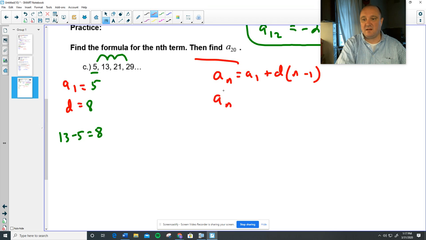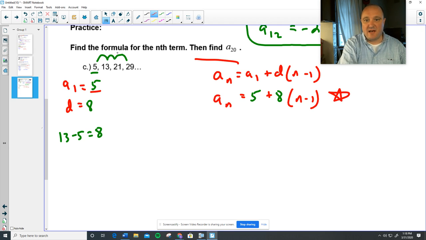So I take these two numbers I've gotten, and I'm going to plug them into my formula. A sub n equals a sub 1, which is 5, plus d, which in this problem is 8, times the quantity n minus 1. So here's my formula. So that's step 1, find the formula. I've done the first part of the problem.